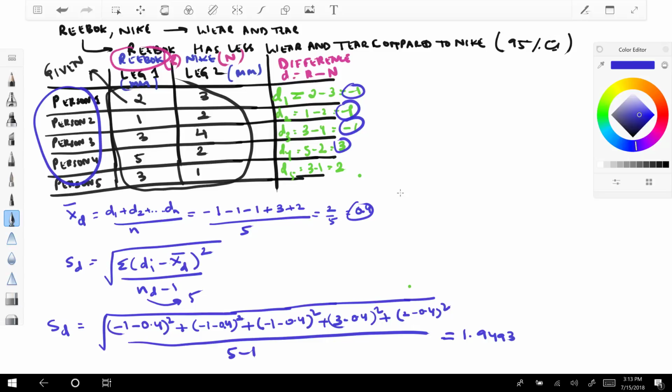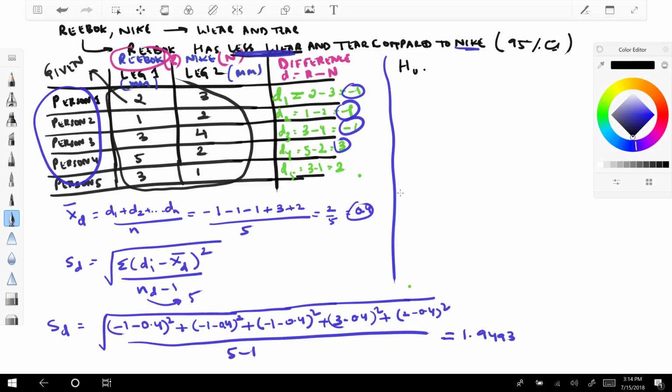So once you get this, the first step of hypothesis testing is to define the hypothesis. So H null: I am saying Reebok has less wear and tear compared to Nike.